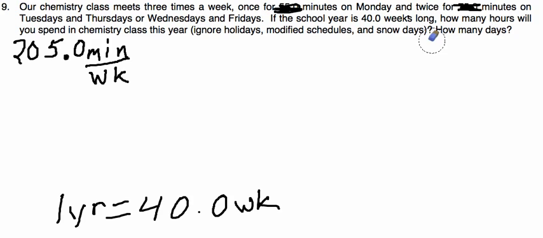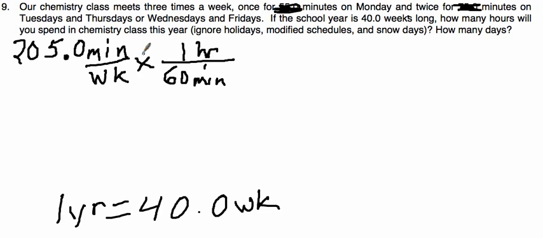Carrying on, we have our minutes and weeks. We can work on either one of them. We have obvious conversion factors that I didn't write down. I want to switch my minutes to hours, and I can do that because since kindergarten, I've known that there's 60 minutes in 1 hour.